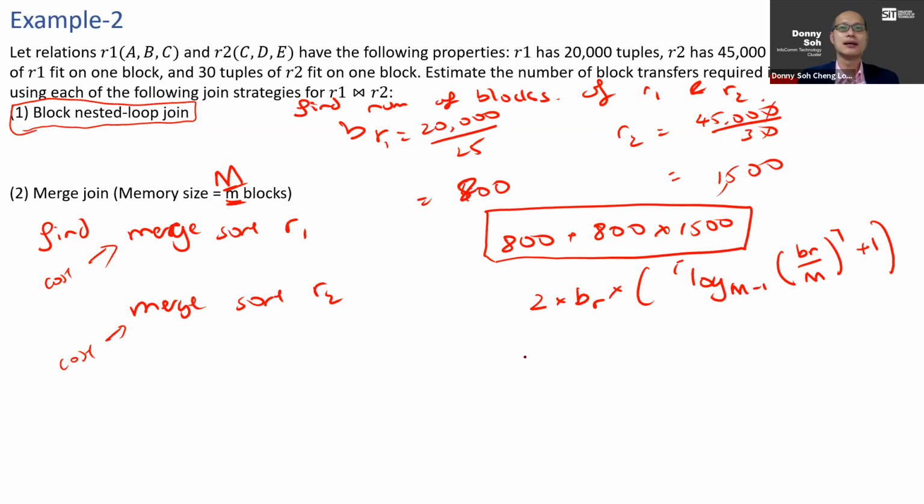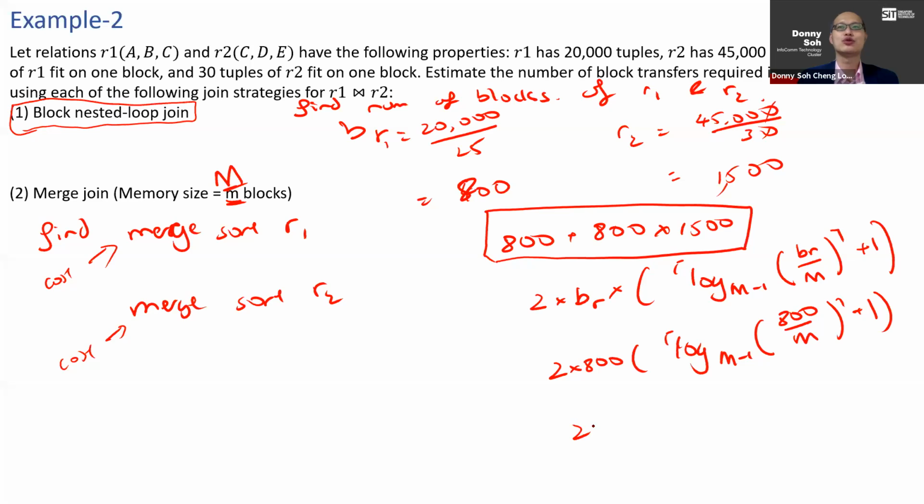Okay, so I will start. Actually, you just use this formula and plug it in, then you have the answer already. So for R1, it is 2 times 800 times the ceiling of log base M minus 1 of 800 over M, plus 1.